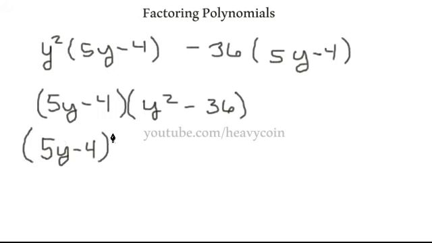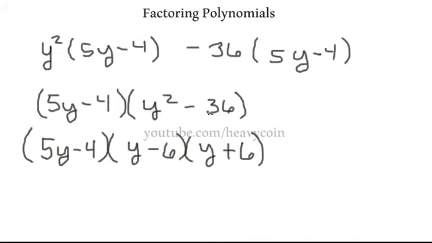But to factor this, we're going to write y minus 6, y plus 6. And of course, if you multiply these two together, you should get y squared minus 36.